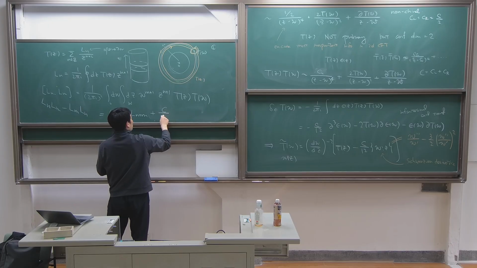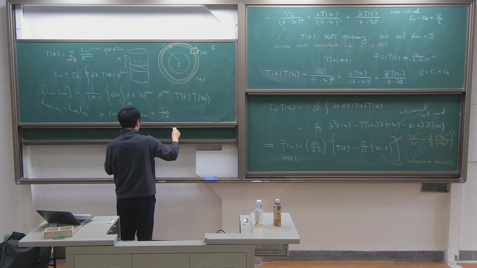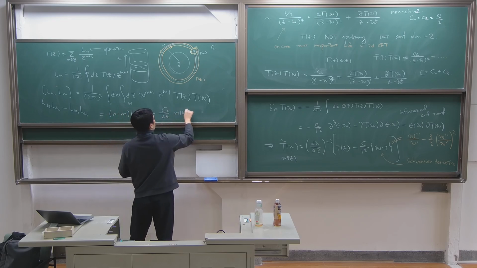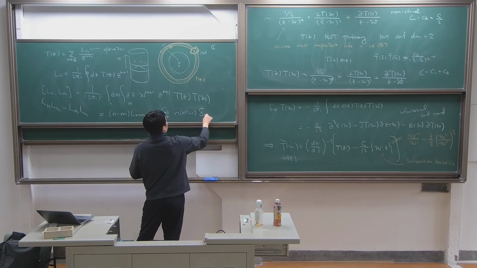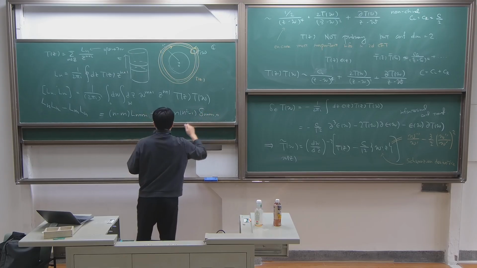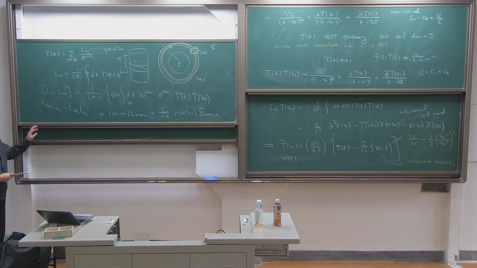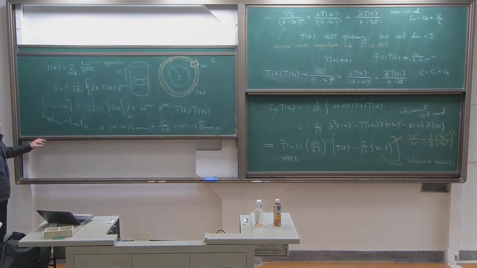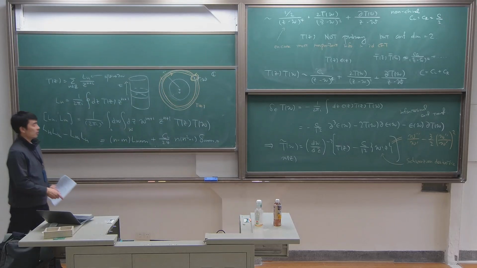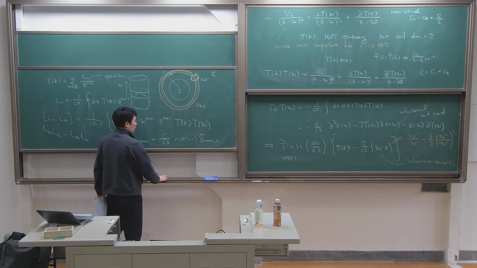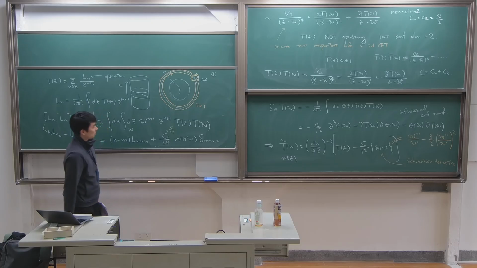c over 12 or 24, (n squared minus 1) delta_{n+m}. That's what you get from this computation. Okay, fine. Or in this lecture note, it's just c over 12. That's another way of writing.